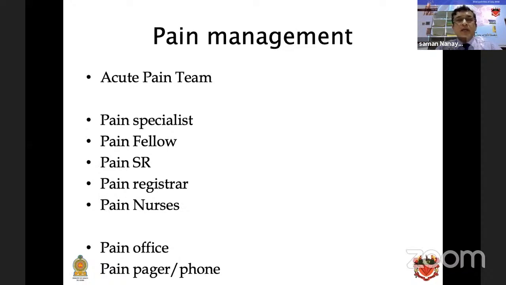From them, you can get advice and consultation for managing difficult patients. In hospitals where there are no organized pain teams, you can always liaise with the anesthesia consultant, or an anesthesia postgraduate, registrar or senior registrar.